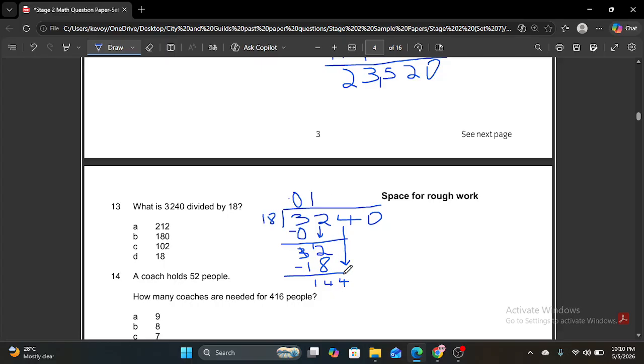And that will just give you 8. So 144 divided by 18 is equal to 8.